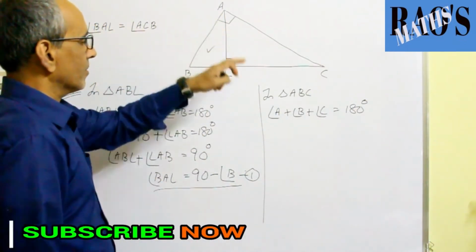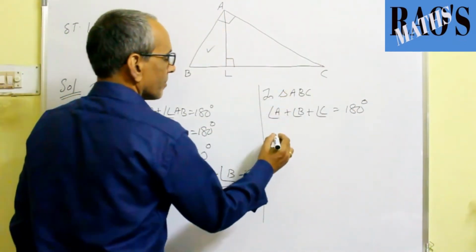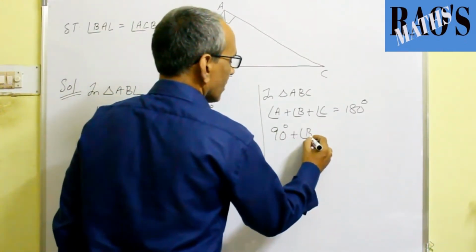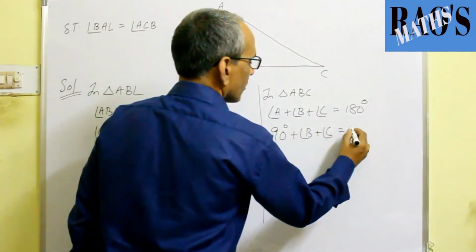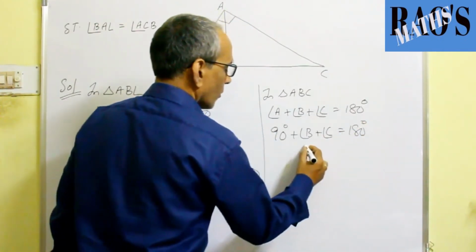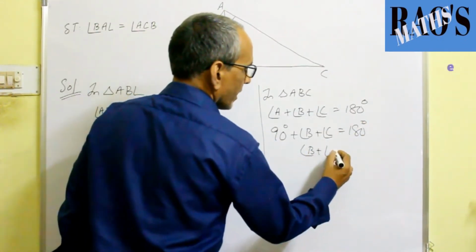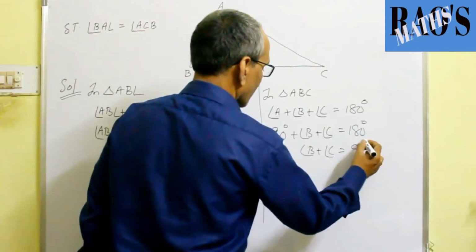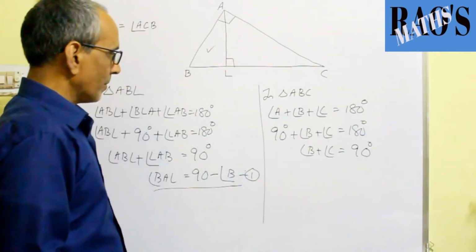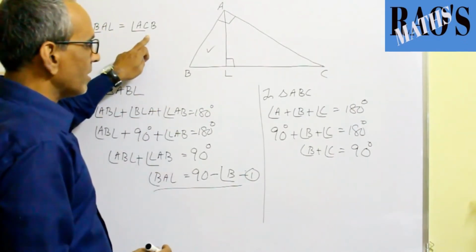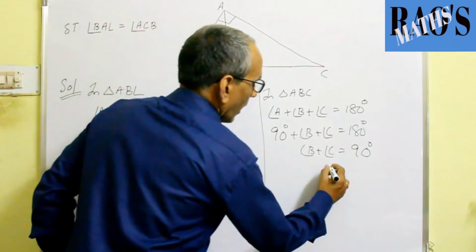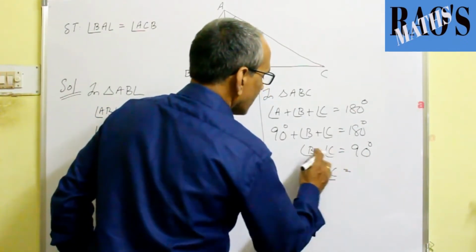Angle A, which is 90 degrees in this triangle, plus angle B plus angle C is equal to 180. Therefore, angle B plus angle C is equal to 180 minus 90, 90 degrees. Next, angle ACB, that is angle C, is equal to 90 minus B.